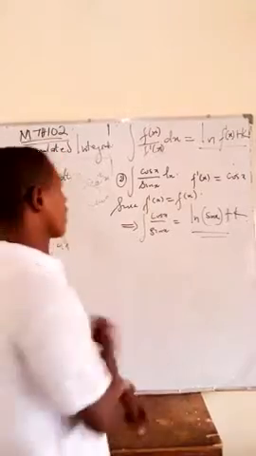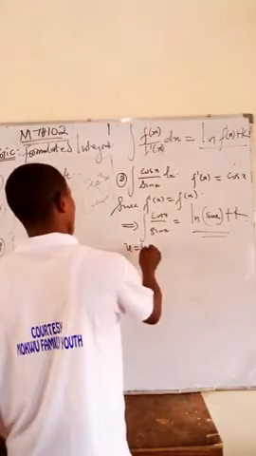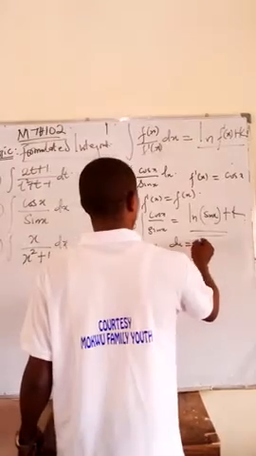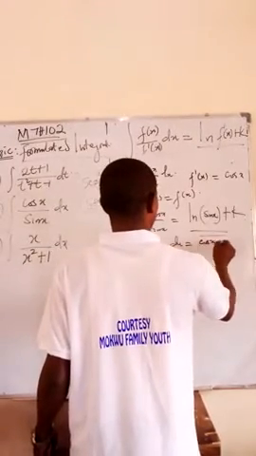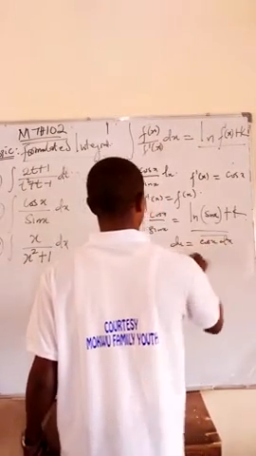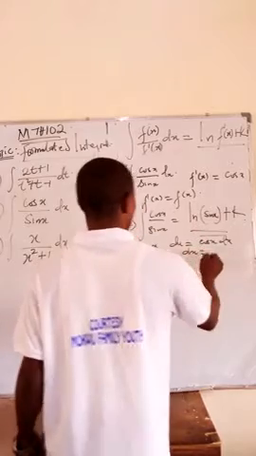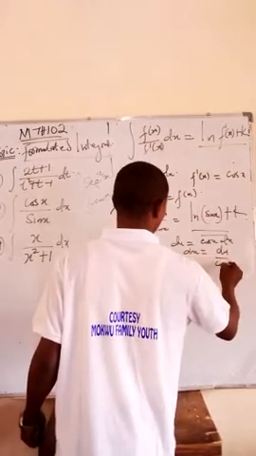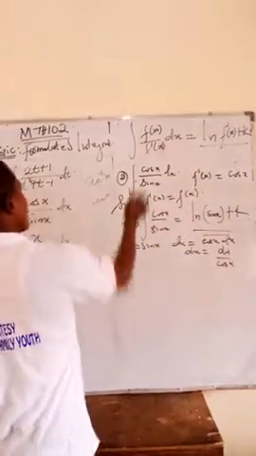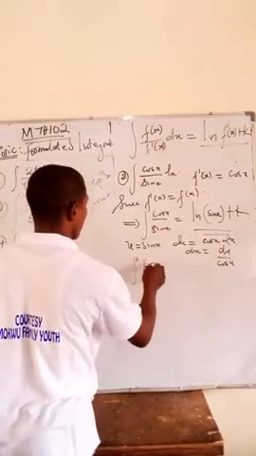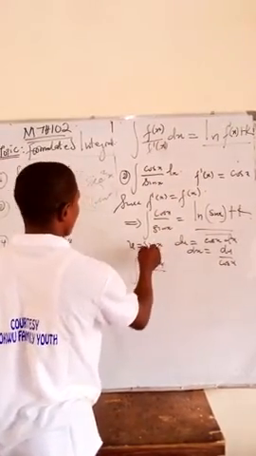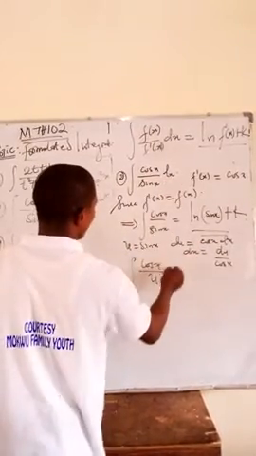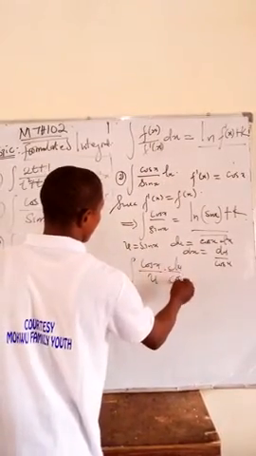Using substitution again, you say let u be equal to sine x, so that du is equal to cos x dx. So my dx is equal to du over cos x. Put it inside here, we have the integral of cos x over u, and my dx becomes du over cos x.